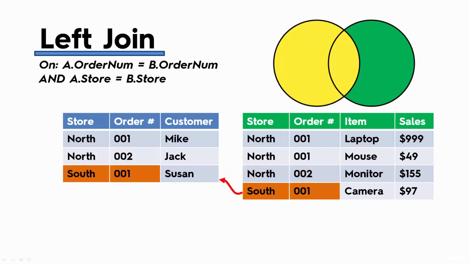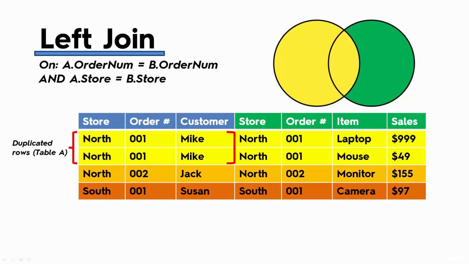And finally, the Southern number 1 order is matched to only 1 row in the second table because there's only 1 row that contains both the word South and the number 1 for the order, and that is the camera that Susan bought.